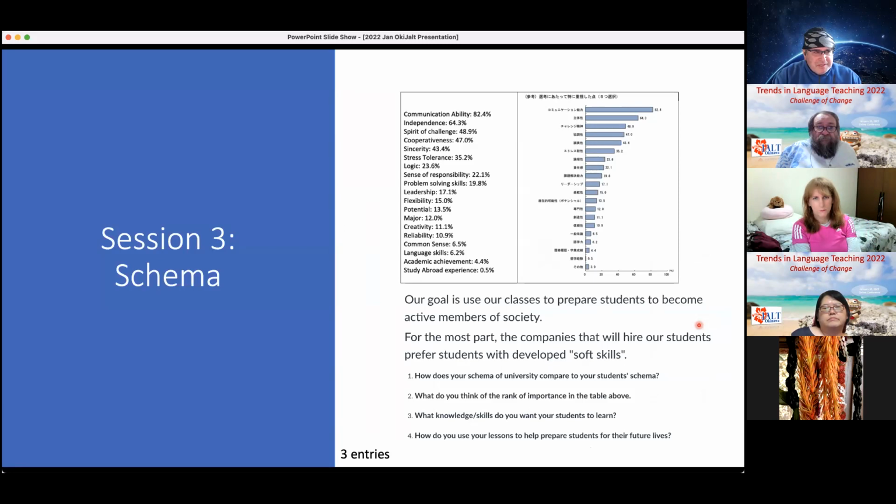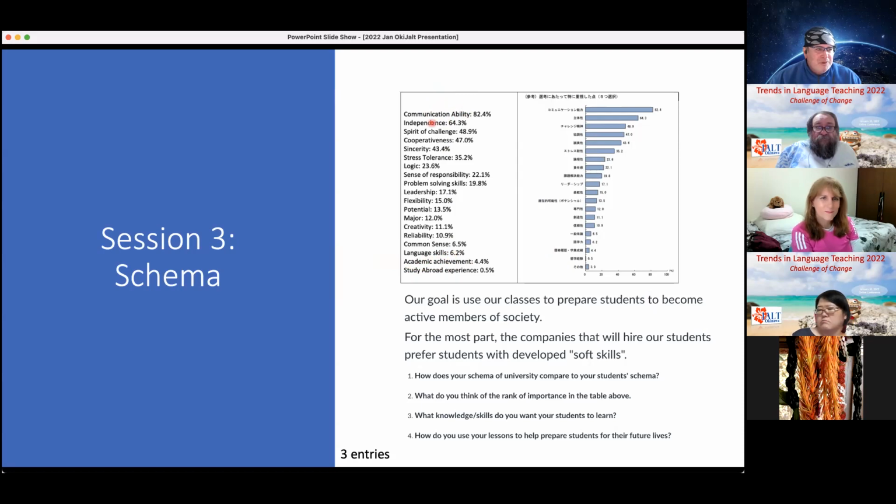Session 3 was about schema, and I wanted teachers to think about what they think their oshiekata is. How do you conduct a class? And I also showed this survey that was in a previous FD session that we had at the university that showed what companies are looking for in students. And very little has to do with academic achievement or language skills.